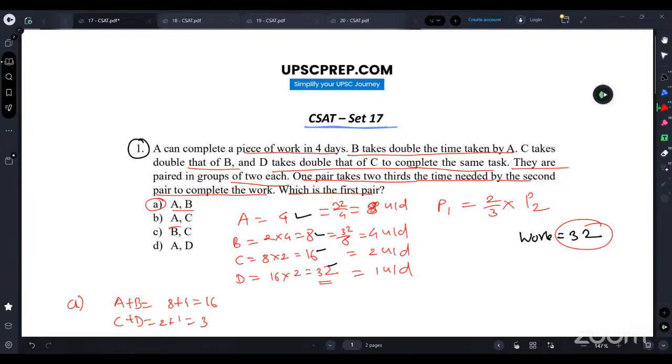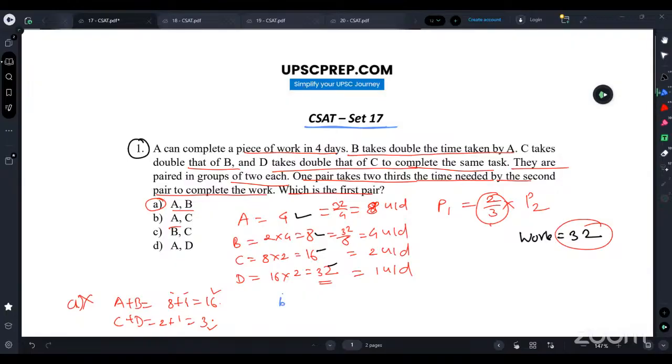Now, if you see, the first pair is doing 12 and the other one is doing 3 units per day. So I cannot get the ratio of 2 by 3, right? So this option is not valid. You just have to take the ratio, because their work units per day together will define this 2 by 3 ratio if the answer is correct.